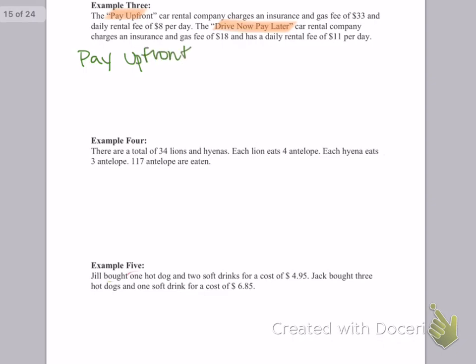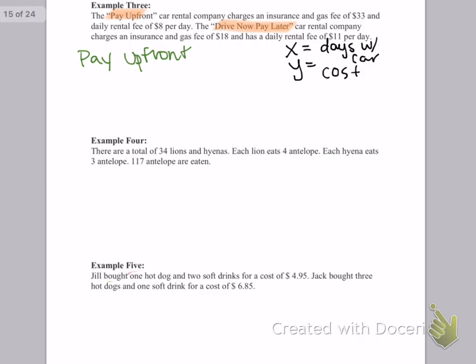But the first step, before we even find out what that system is, we need to define our variables. So we'll have our X and Y. Well, X is going to be the days you have this car, days with car. And Y is going to be the cost. So how much you had to pay to be able to have it for X amount of days.